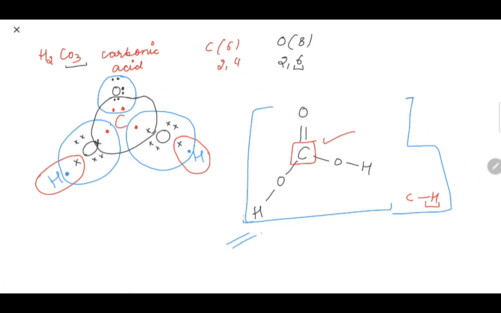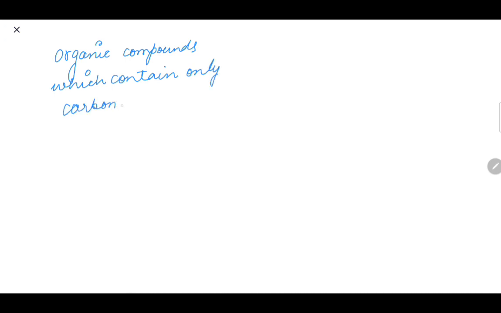Okay, right? So now, based on that, we understand that those organic compounds which contain only carbon and hydrogen are called hydrocarbons.